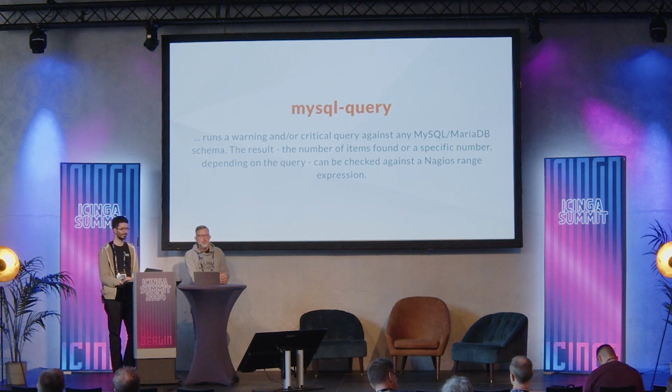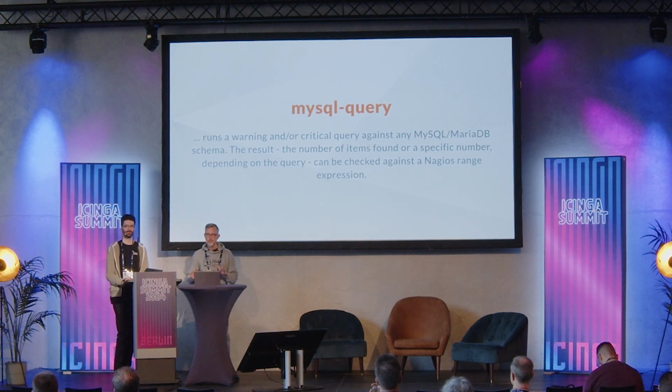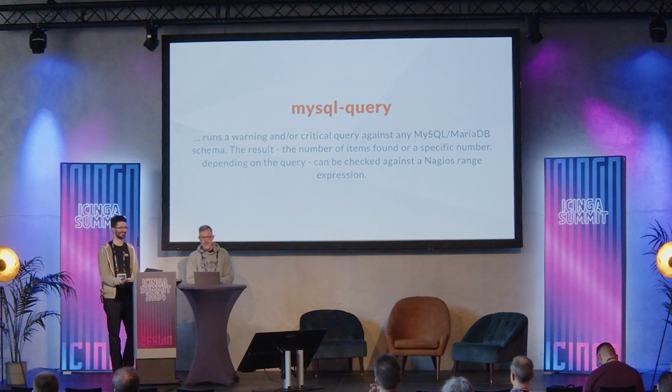Let's say we want to write a plugin called MySQL Query that runs a query against any MySQL or MariaDB schema, and the result, the number of items found or a specific number depending on the query, can be checked against a Nagios range expression. Now how to do that?